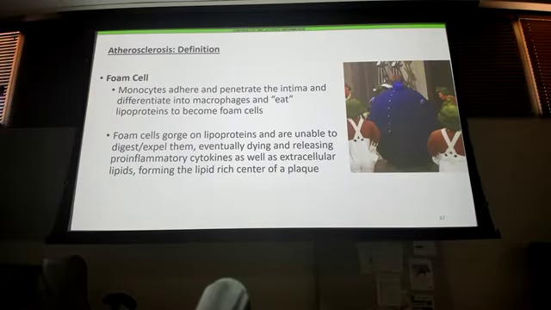And those macrophages start eating up all that LDL, but they don't have the mechanisms in place to break the LDL up, so they become so full that they actually rupture, which then leads to the release of further chemokines, cytokines, and those types of things that then causes an additional immune response and inflammatory response, making the plaque worse.